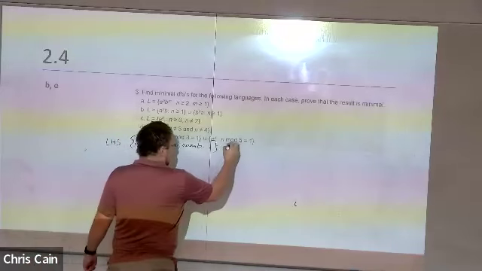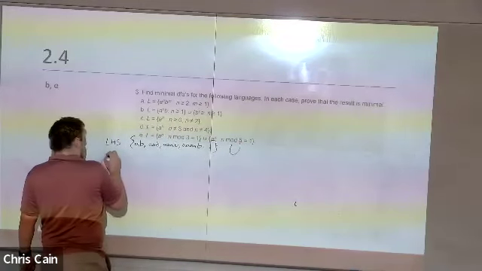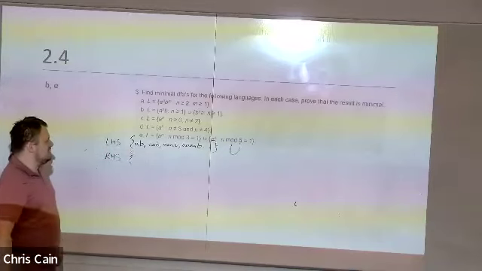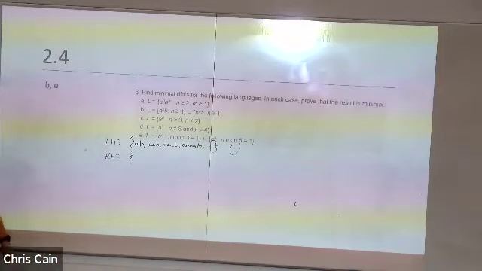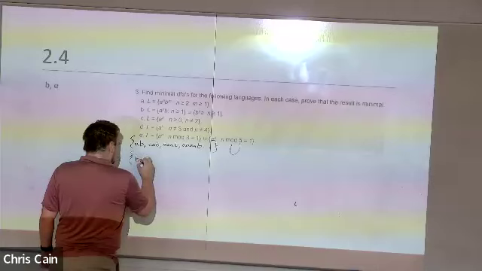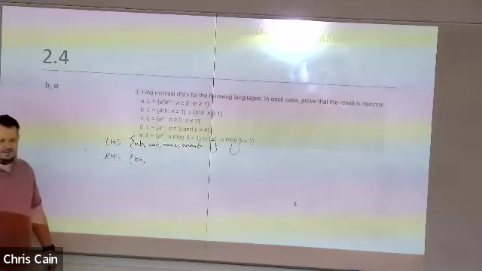We want to union that with the right-hand side. What are some strings that are in B to the n A and n is greater than or equal to 1? BA. What else? Oh, it's multiple.